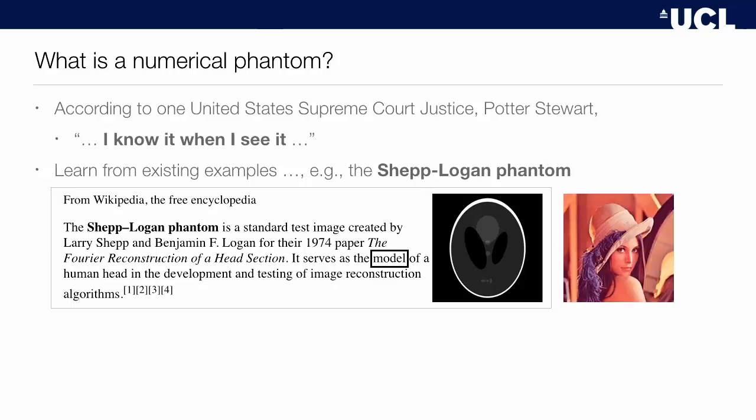In contrast, Lena is an example where in many ways it's not a model, because it lacks the controllability and flexibility of changing the components within that image. The Shepp-Logan, in contrast, has a lot of flexibility, as I will illustrate in a couple of slides.